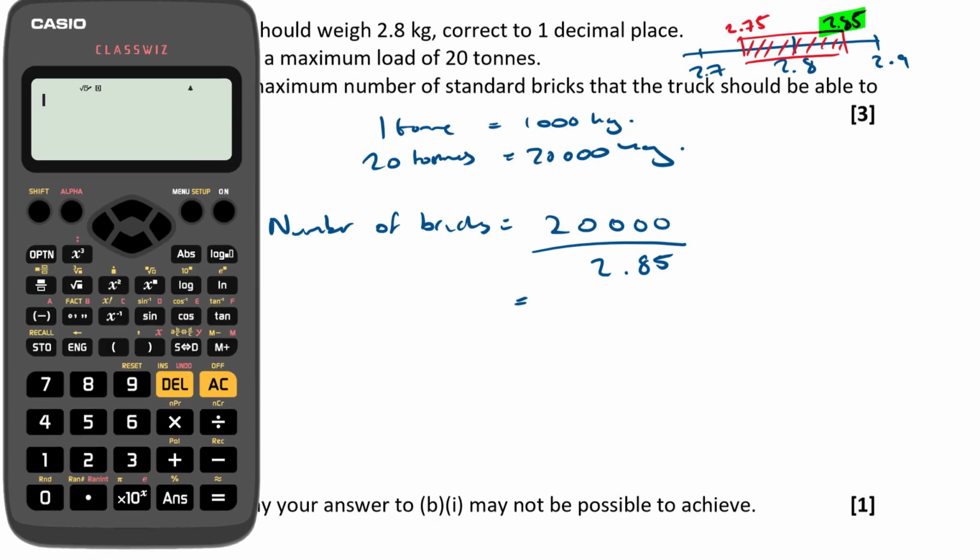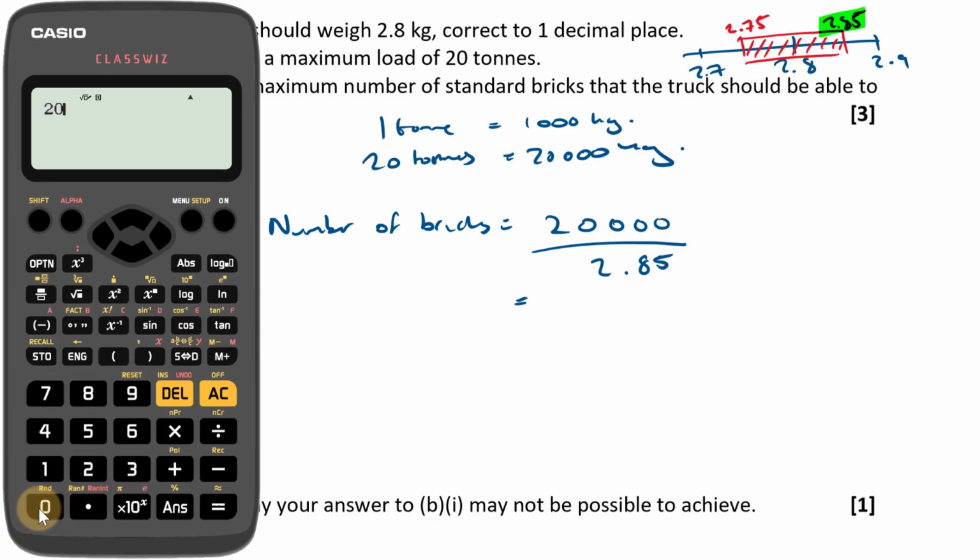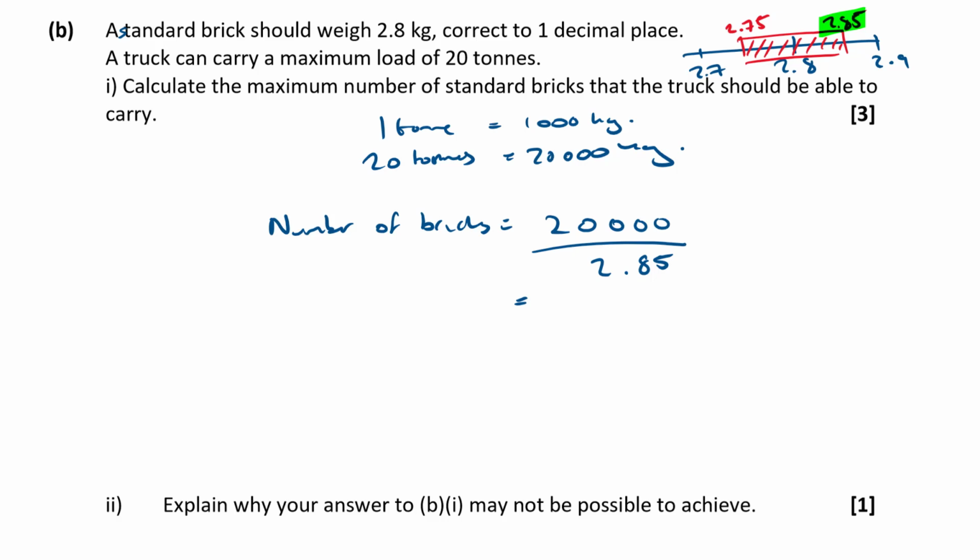Okay, so let's tap that into the calculator. 20,000 divided by 2.85. So that comes out to be 7,017.5. Okay, in this case I'm going to round down, because I don't want a bit of a brick, that's no good, so I'm going to round down to 7,017.